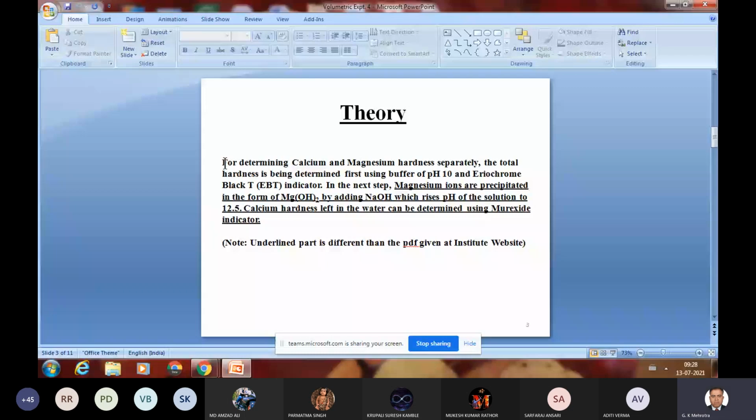Most of the students I have come across are not able to tell the full name of the abbreviation of this reagent. EDTA is the most commonly used abbreviation of ethylene diamine tetraacetic acid.